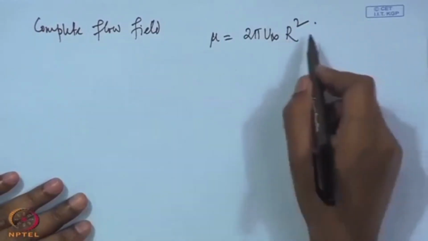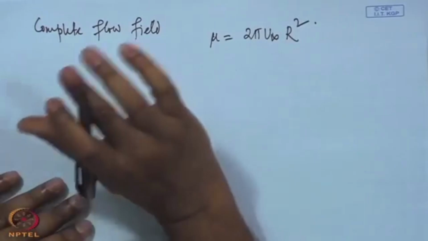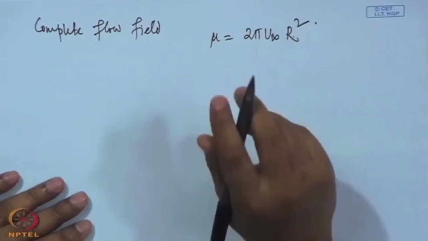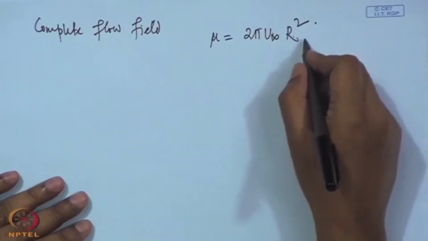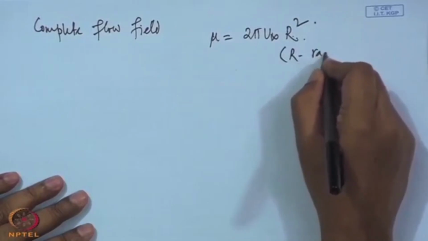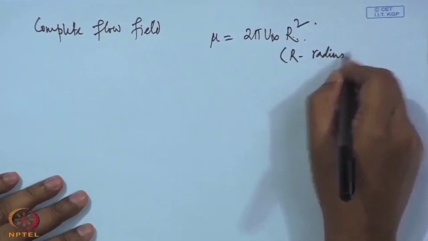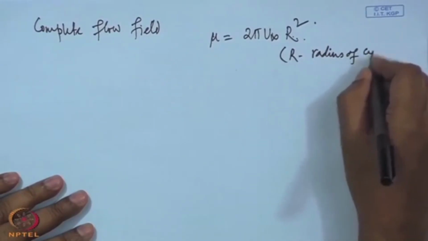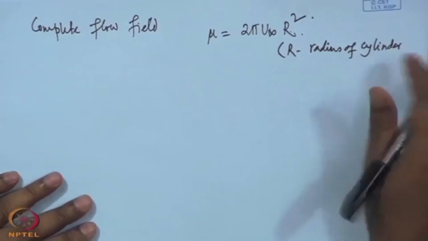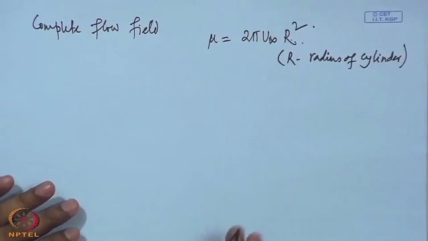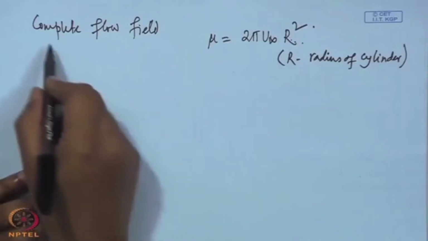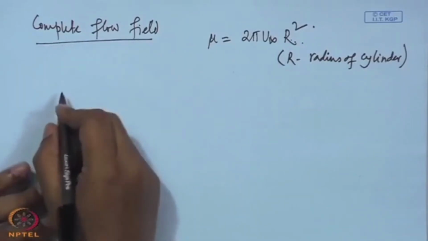Instead of the small r, we are now writing that small r is a variable, it is just a coordinate. For the cylinder, the radius is r. So, what will be phi?